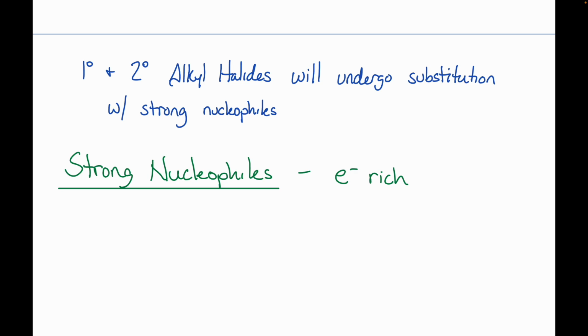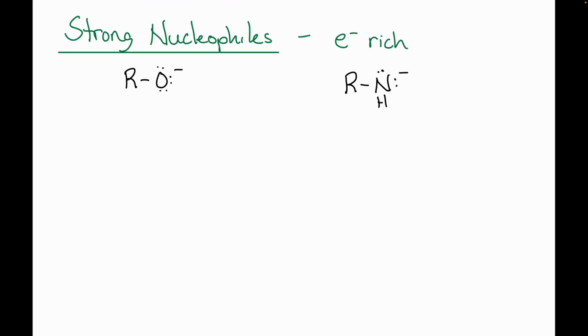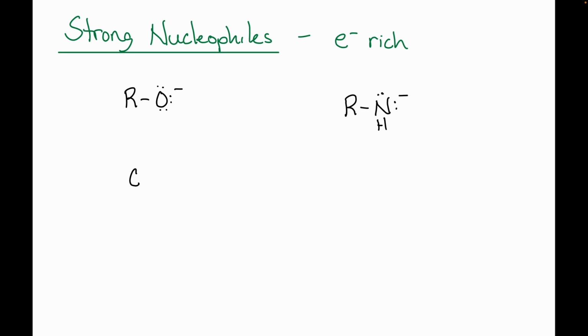We talked about strong nucleophiles having the formula RO with a minus sign, or N with a minus sign. All right, we can have carbon nucleophiles. I guess it's actually R2N.